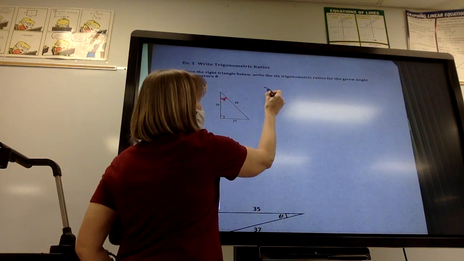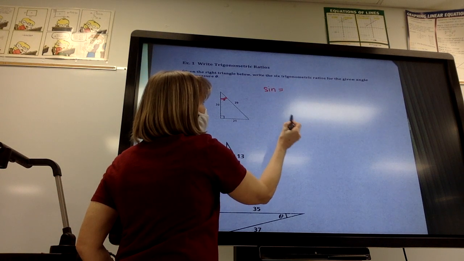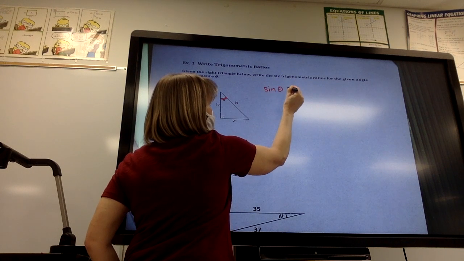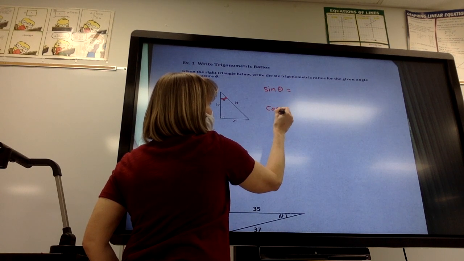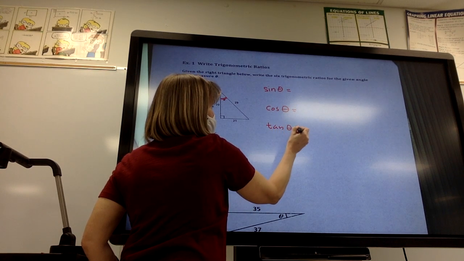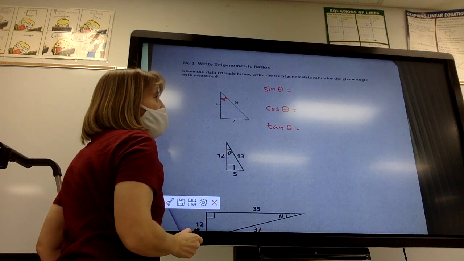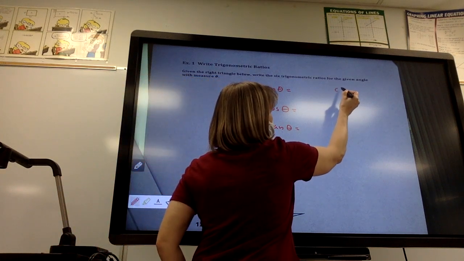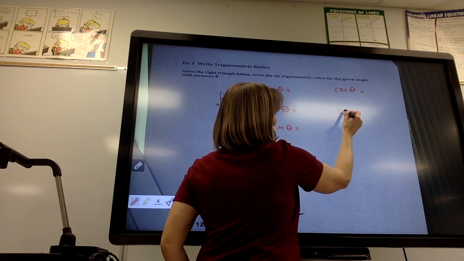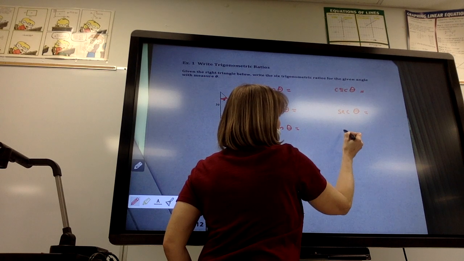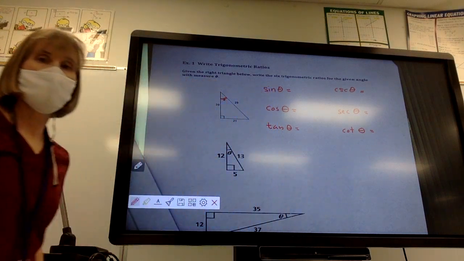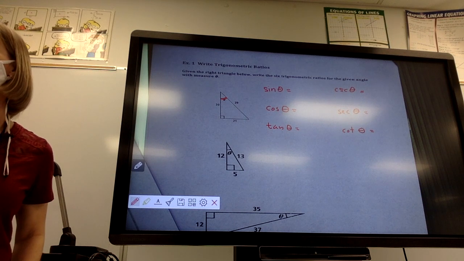You would write down sine of theta, cosine of theta, and tangent of theta. And then you're also going to do cosecant of theta, secant of theta, and cotangent of theta. So you're going to give me 6 different fractions or ratios.